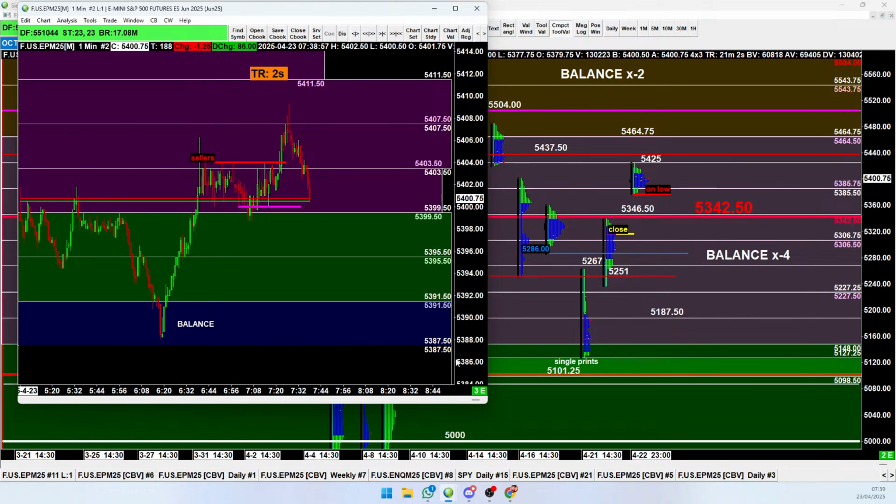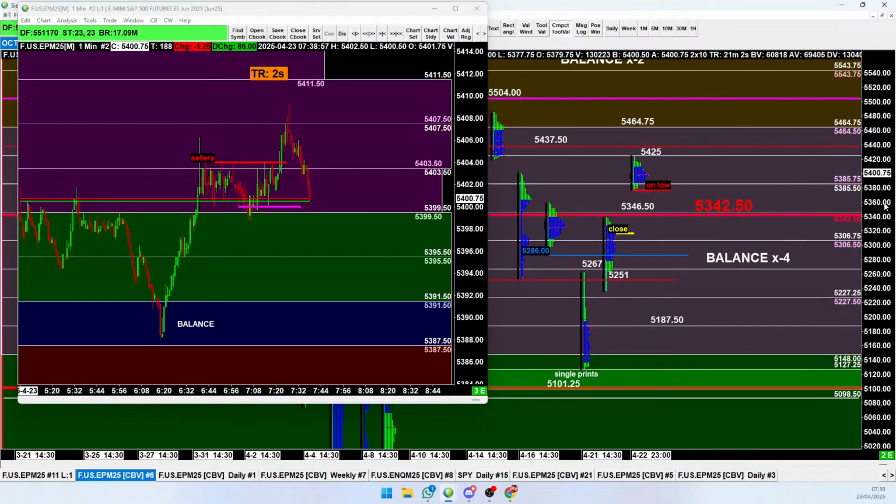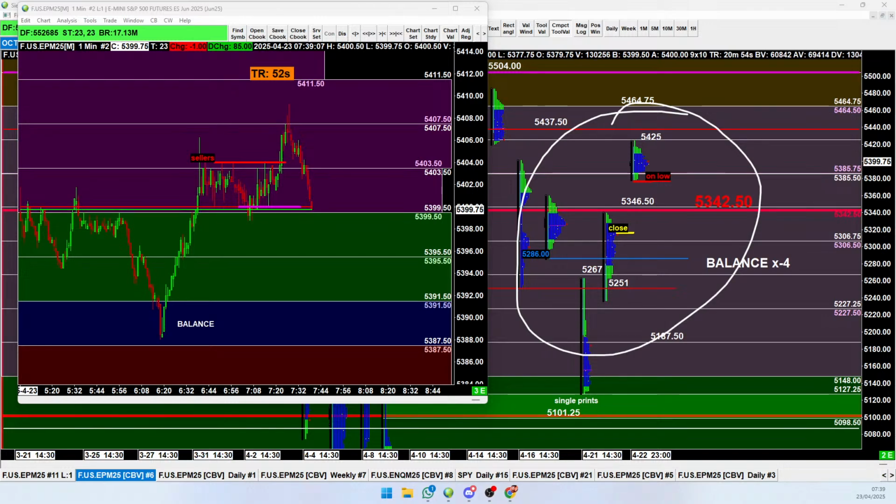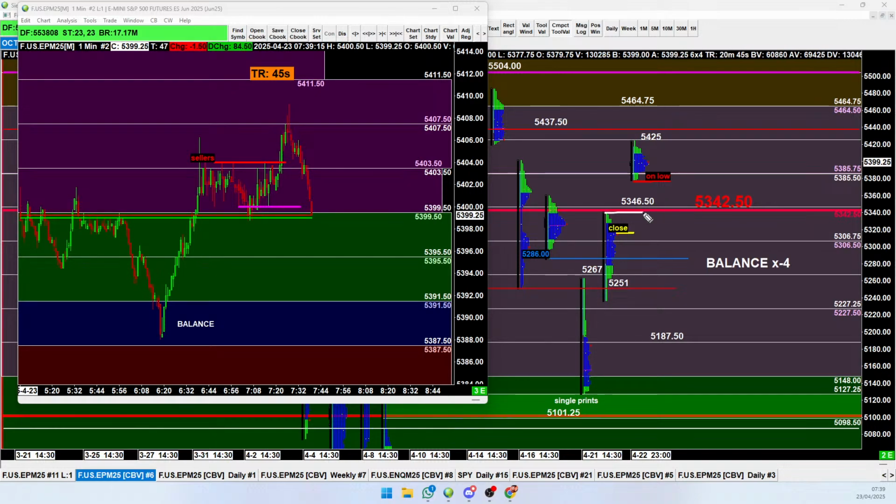Okay, so let's take a look and see what's going on tonight. Tonight we are gap higher. There was a gap between yesterday's high and the low of tonight. So overnight inventory is long.